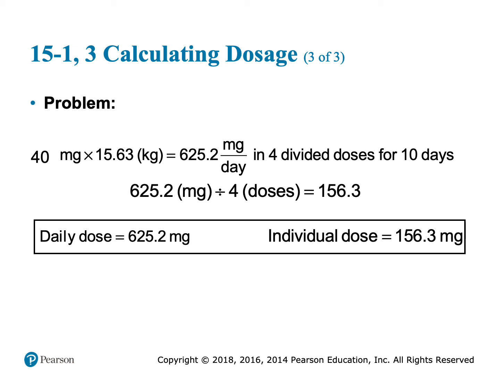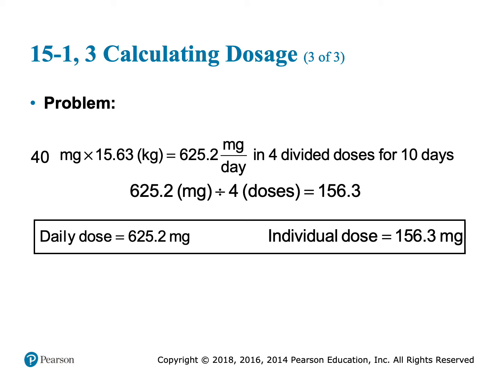That gives us 156.3 milligrams. Now, there's one other thing, and sometimes we might have to check this: it says not to exceed 2 grams a day. So are we within that requirement? Let's look at our daily dose.